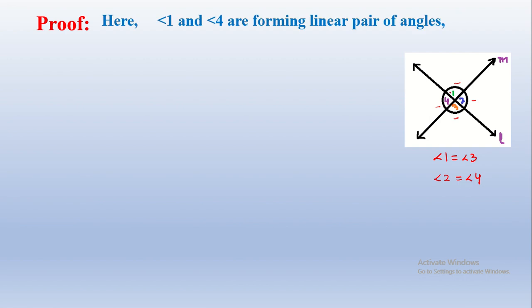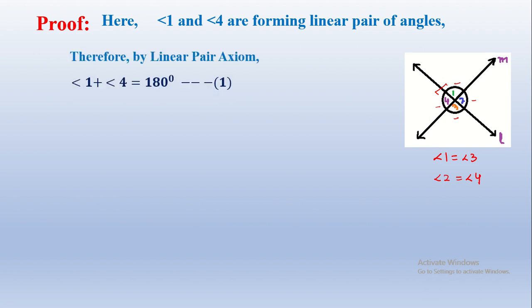We know that here angle 1 and angle 4 form a linear pair of angles, as they are adjacent angles and the non-common arms form a straight line. Thus, their sum is 180 degrees as per the linear pair axiom. Angle 1 plus angle 4 is 180 degrees.